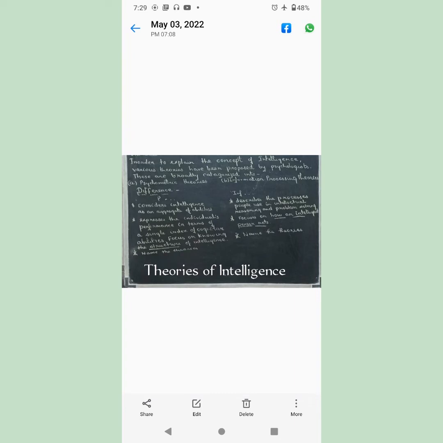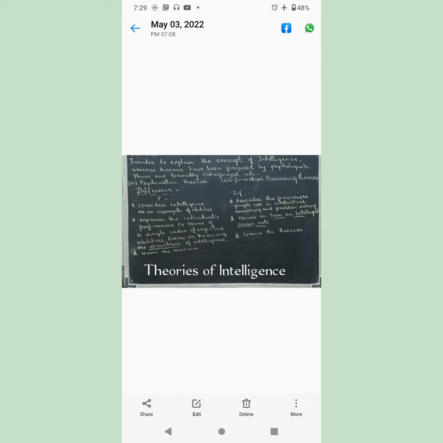Whereas other theories which are given in your NCERT are information processing theories, which will tell you how an intelligent person acts. So the names of the information processing theories are the theory of multiple intelligence given by Gardner, a very important theory.